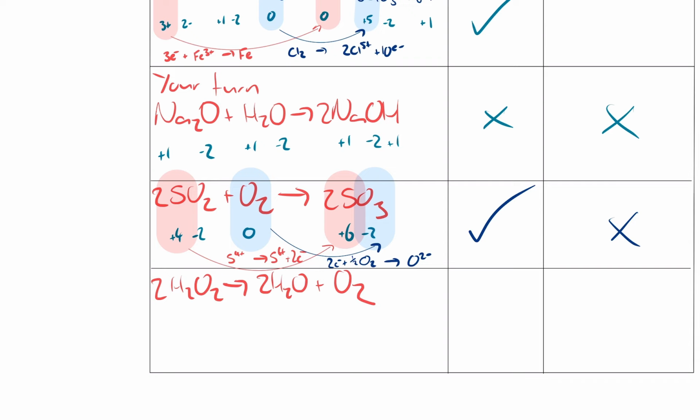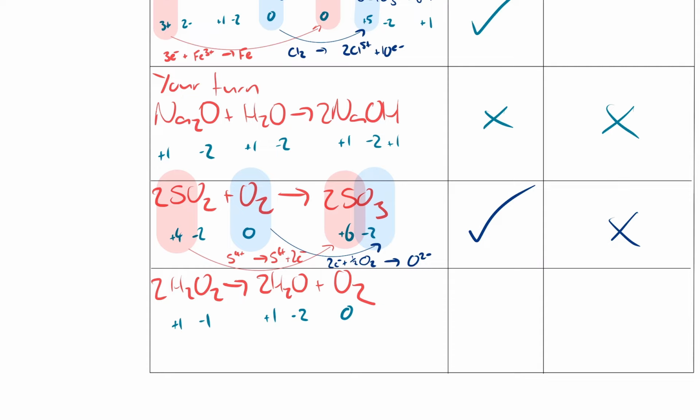This is a nice exception actually. Here, hydrogen is +1 and oxygen -1. Very strange one. It's the only exception for oxygen really that you'll come across. Oxygen here is -2 and hydrogen +1, back to normal, and 0 here. So hydrogen doesn't change, but hopefully you can see here that oxygen has done 2 things, right?